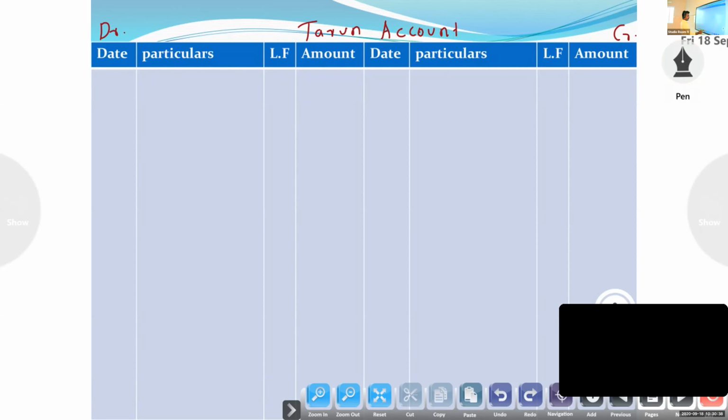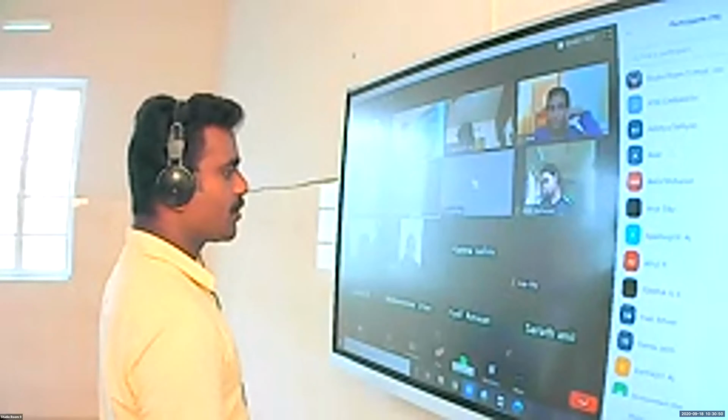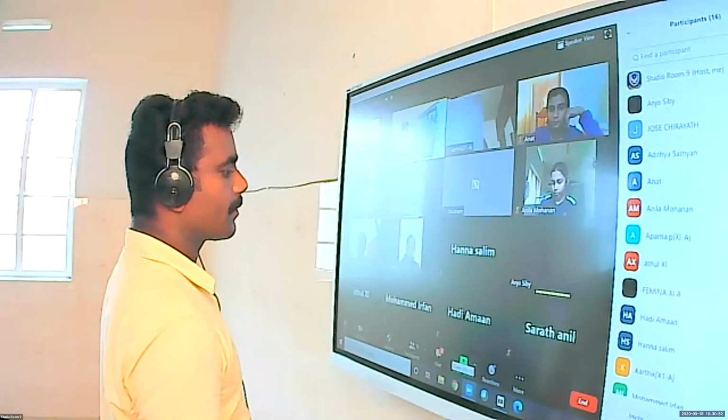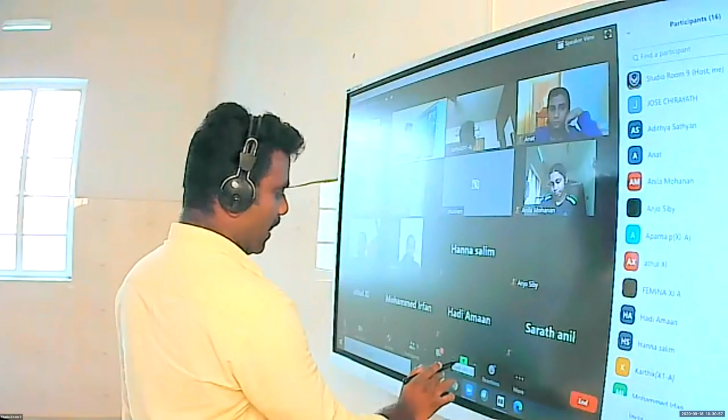I already said that if it is an opening entry, an asset is debit and a liability is credit. So is Tarun an asset or a liability? Asset. So first we have to write the opening balance.